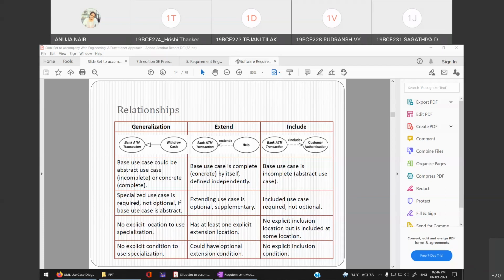Okay, so let us now start with our three relationships, which are include, extend, and generalization. We'll first start with include. When you talk about the include relationship, please use the notations in a proper way.